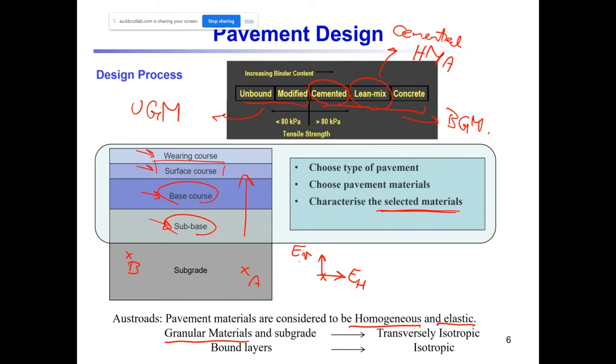You remember that generally we consider that the vertical Young modulus is 2 times larger than the Young modulus in the horizontal direction. But for bound layers, for asphalt as well as for cemented material, we are assuming isotropic behavior. So in different directions, we have the same material parameters.